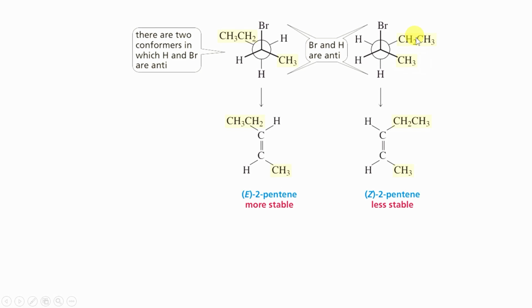These bulky groups are on the same side of the carbon atoms, and hence the Z-2-pentene formed from this conformer is usually less stable because these bulky groups are on the same side of the carbon-carbon double bond. Okay, that is stereoselectivity. That means one of the stereoisomers will be obtained as the major product. Here E-2-pentene will be obtained as the major product from 2-bromopentane. That is stereoselectivity in the E2 reaction.